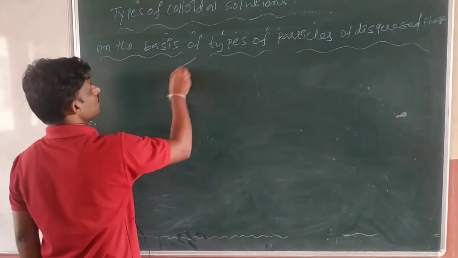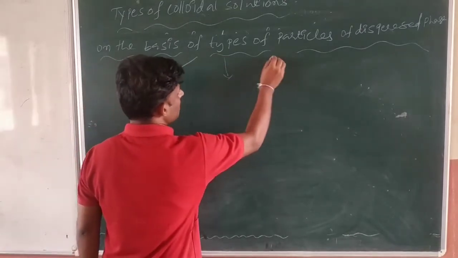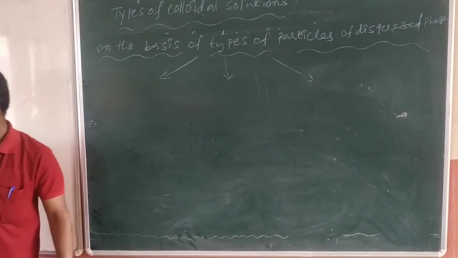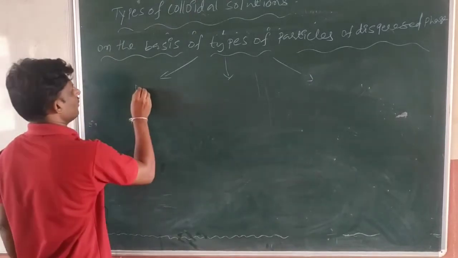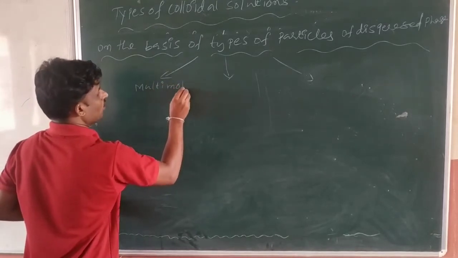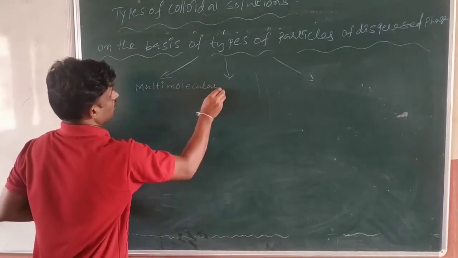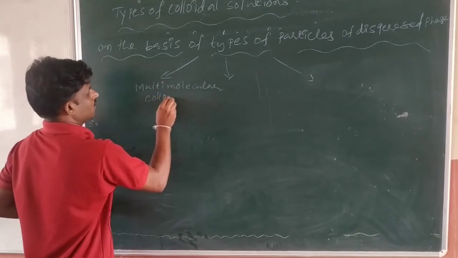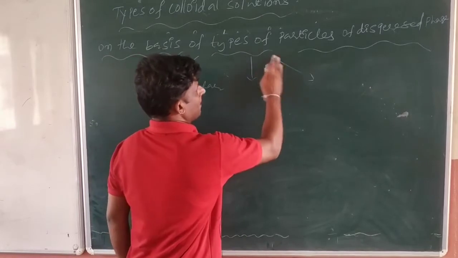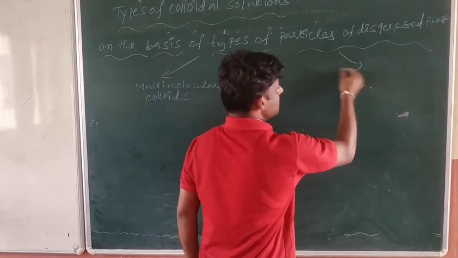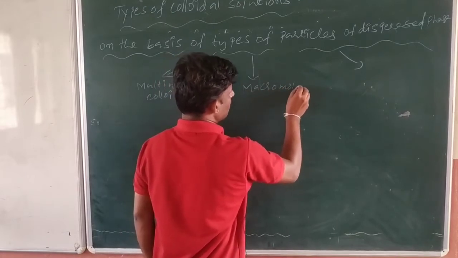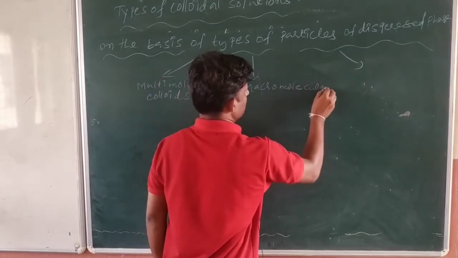These are categorized in 3 ways. How many ways? 3 ways. In that, the first one is multimolecular colloids. The second type is macromolecular colloids.